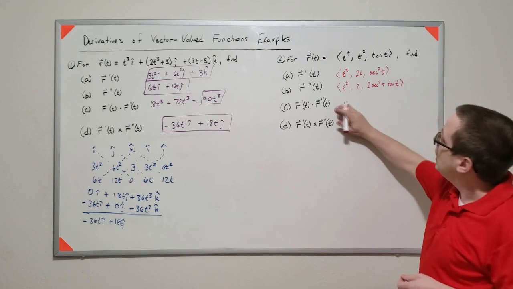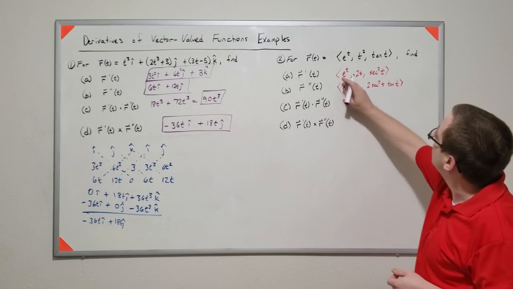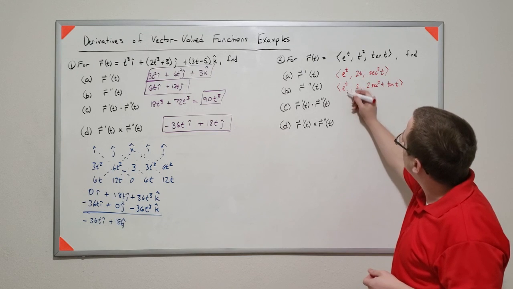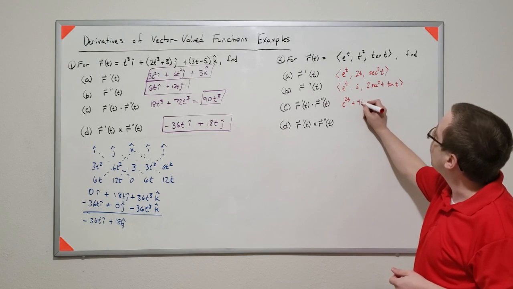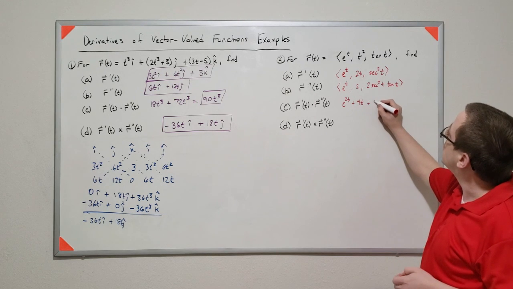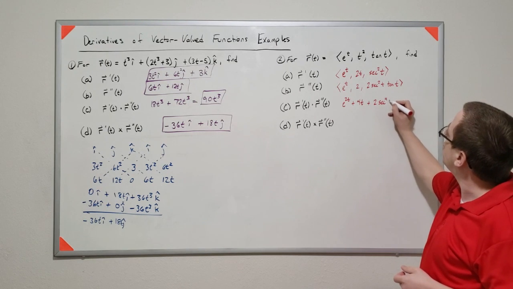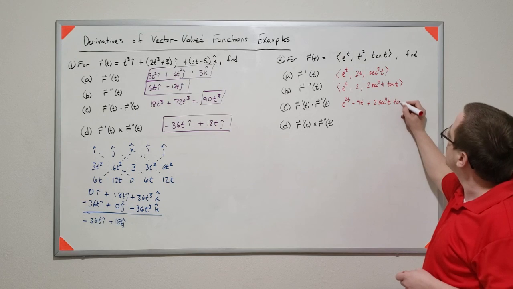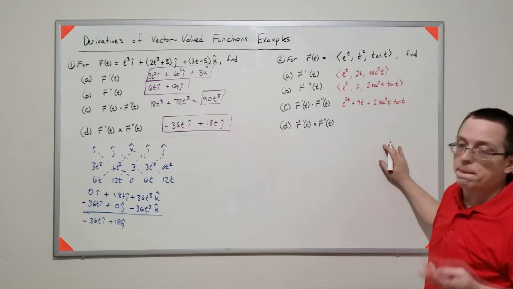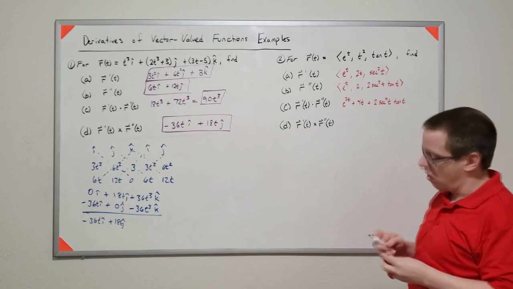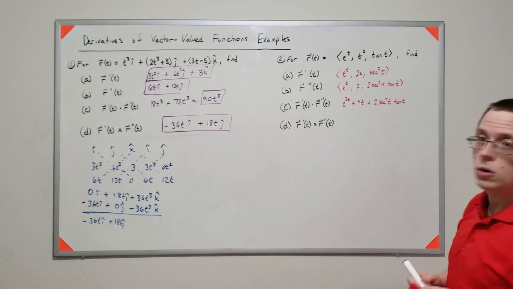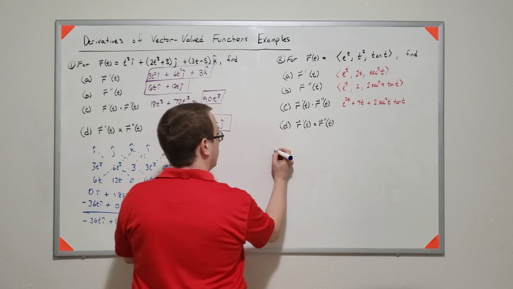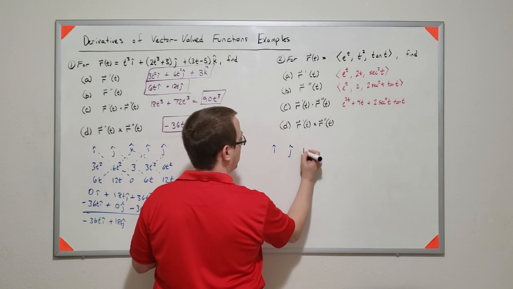And so when we take the dot product, we have those two together. So that's e to the 2t plus 4t plus 2 secant to the 4th t tangent t. And then when we take that cross product here, we'll go i, j, k.